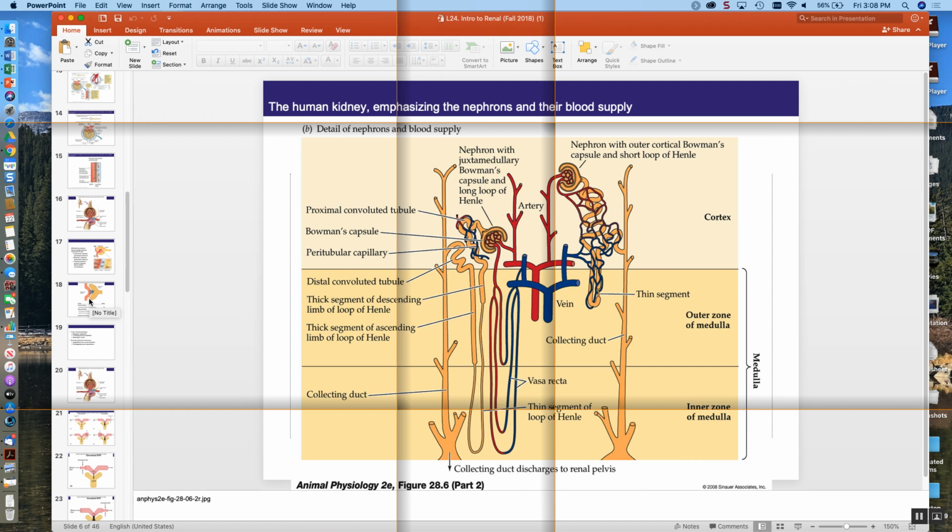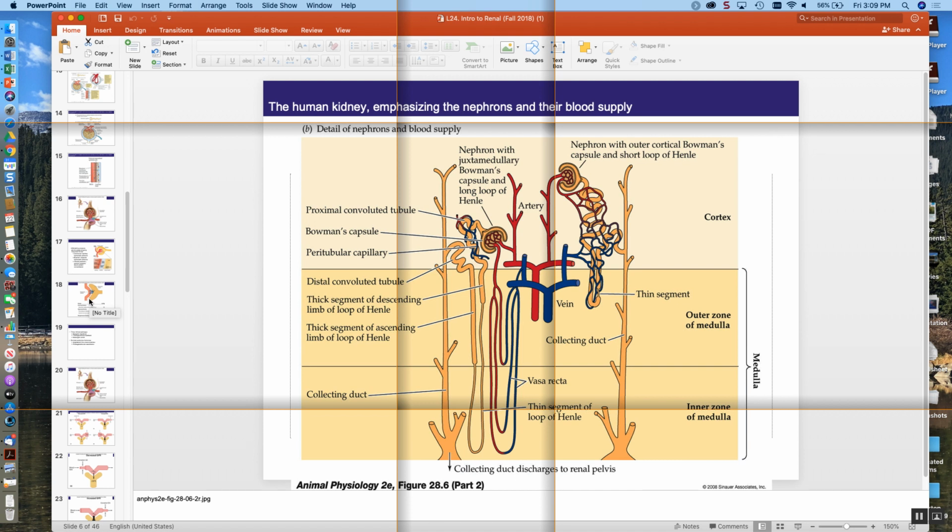So here's another thing. The vasa recta is very specific to the juxtamedullary nephron. And the vasa recta is called a countercurrent exchanger, not a multiplier, because it really relies on just passive properties. No energy is needed, right?